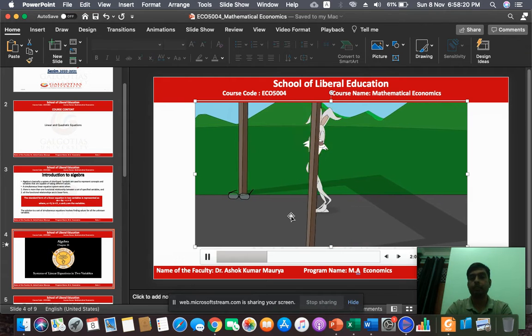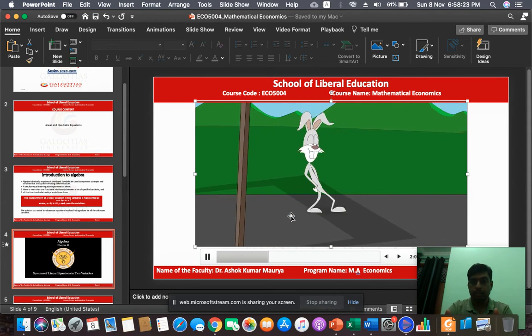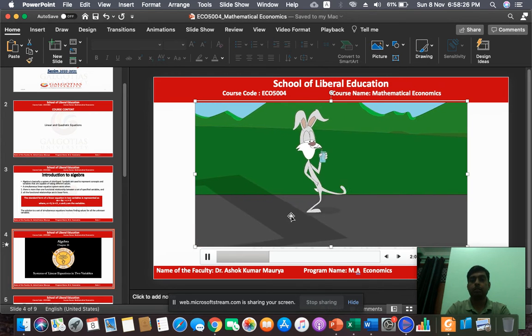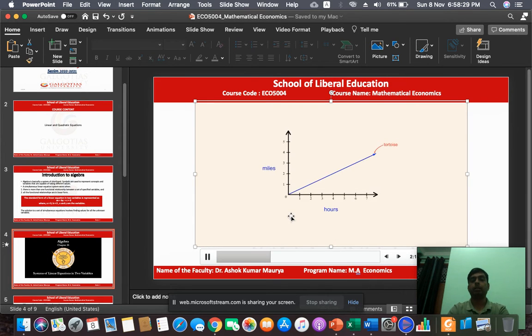Now after 4 hours, the hare started running at 2 miles per hour. In this graph we will draw the race of the hare from 4 hours onward. Because the speed of the hare is 2 miles per hour, it will be a steeper line, more perpendicular towards the y-axis.